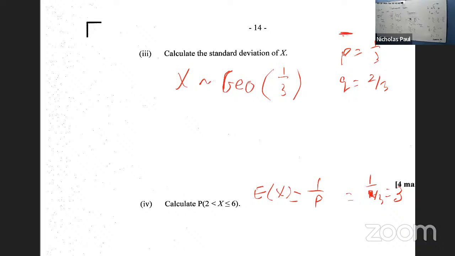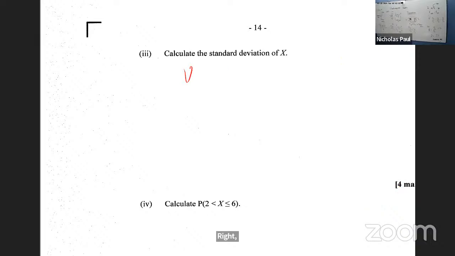Right? Standard deviation. So in order for us to get standard deviation, what do we need? We need variance. How do you get variance? Q over P squared, right? So that's 2/3 over 1/3 squared. How much is that?